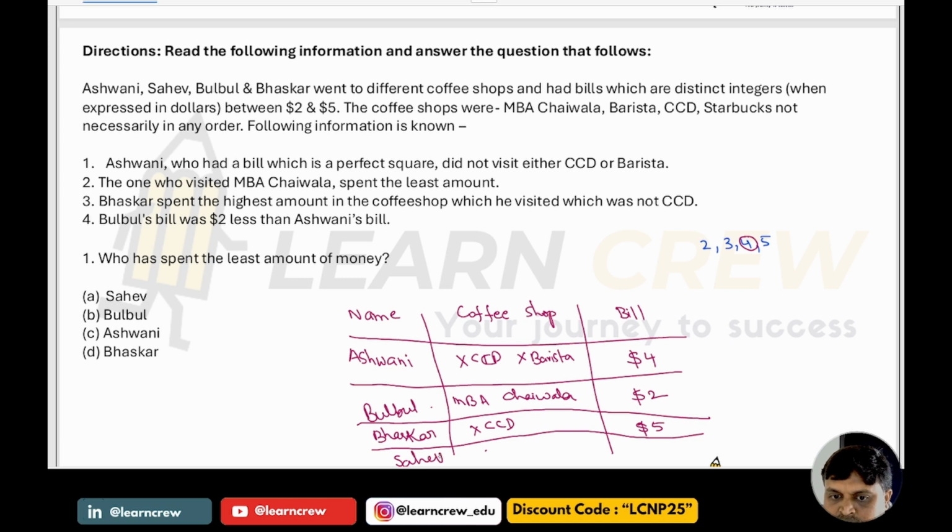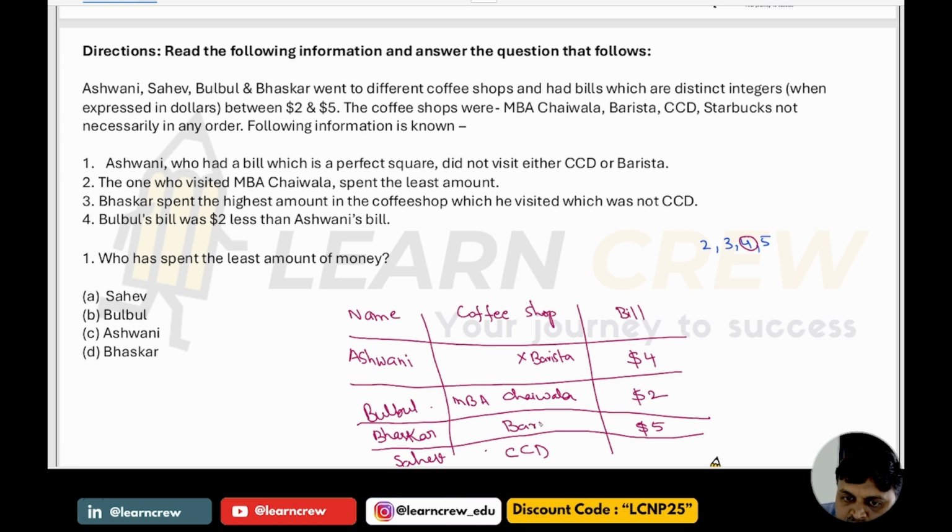Now what we have about Sahib? So now Bulbul, MBA Chaiwala, $2 fixed. It is not CCD for Bhaskar, so it has to be CCD for Sahib. Now the CCD coffee shop is also fixed. So Barista is not here. So the only place left for Barista would be this one.